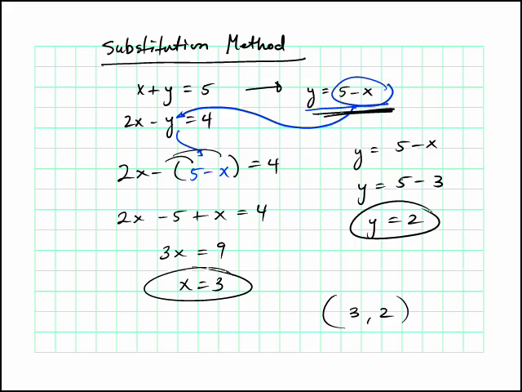Here's another: 7x minus 2y equals negative 2, and y equals 3x. Now, one of the equations here is already solved for a variable, and so I'm going to use that fact to save myself a little time.